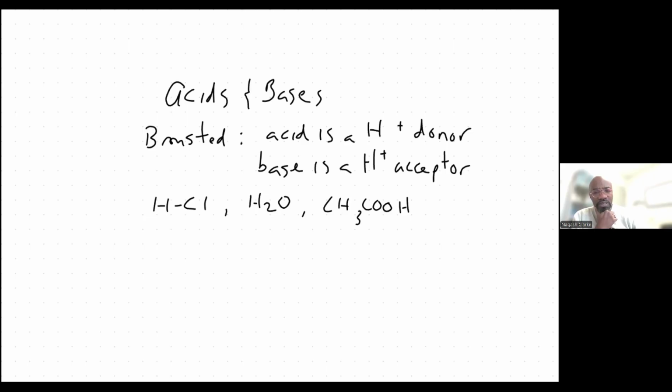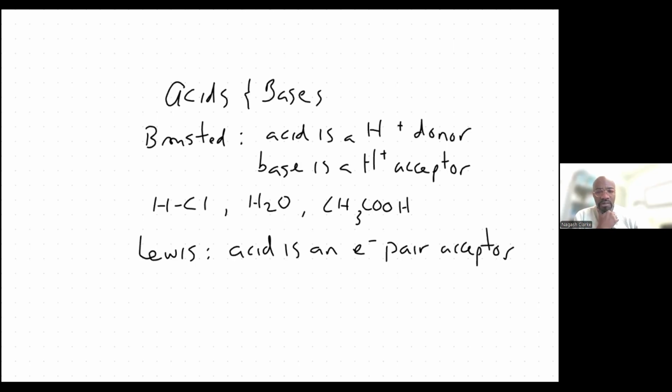So the Lewis definition of acids and bases: an acid is an electron pair acceptor, and a base is an electron pair donor.